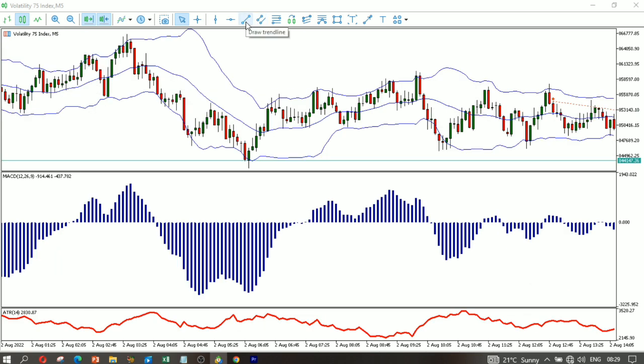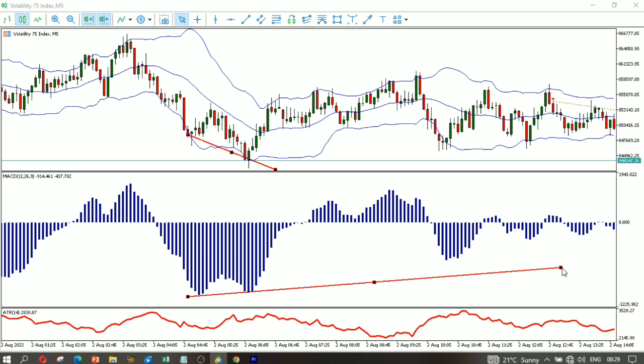So here's another example. Here we have the market making a lower low here. We have the market making a lower low here, but the MACD is making a higher high, right? So it will take time for you to be able to draw this, but you need practice. But if you extend it, because if your line is too short, you might not know what is happening.